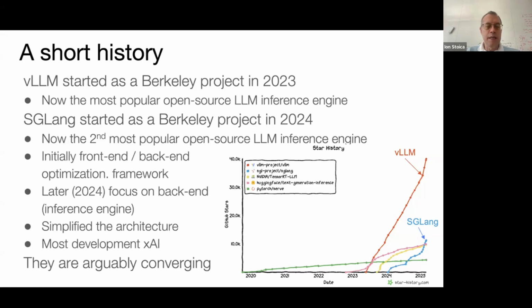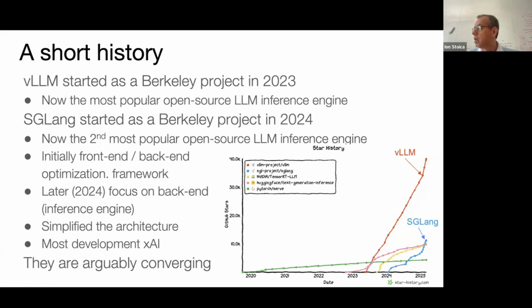Now, I mentioned I'll speak mostly about vLLM, but to provide more context, SGLang, if you look at the paper, was initially thought to have a co-design between the front end and the back end.